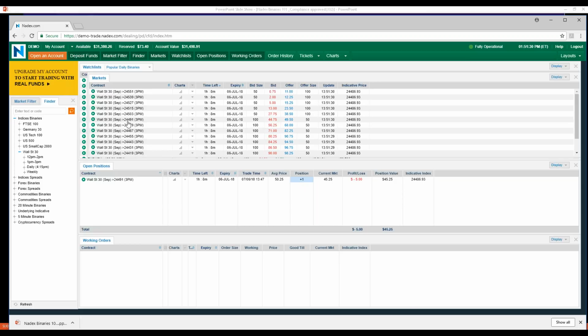Notice right here, each one of these contracts, okay? You could buy it for this price, sell it for this price. You see the difference in there? A few dollars difference in there? That's what's called bid-ask spread, just like any other instrument you trade on the planet, right? Stocks, futures, forex. There's a market maker, okay, that says, hey, I've got a bunch of money. I'm going to make a market.